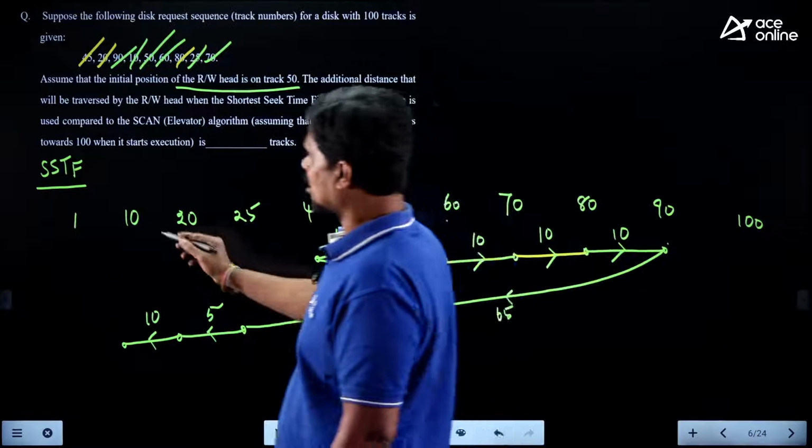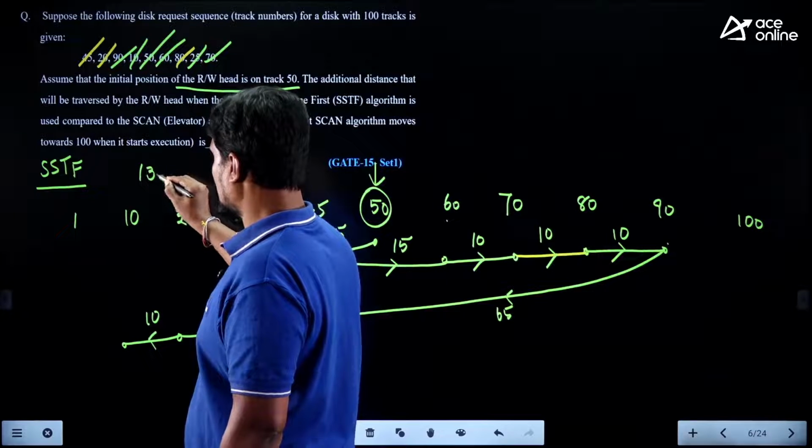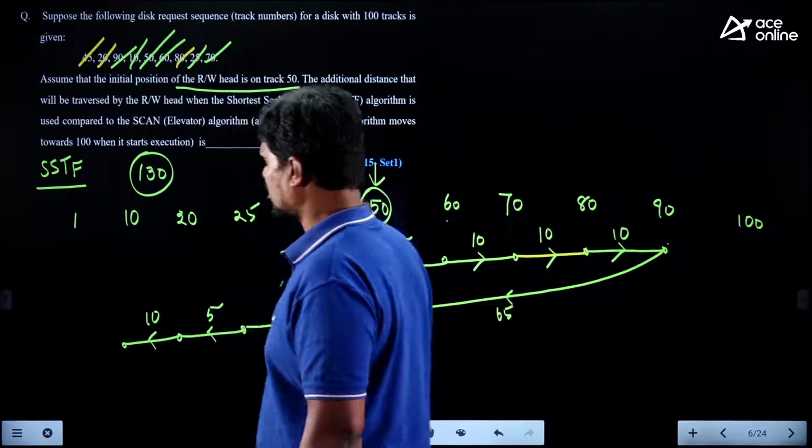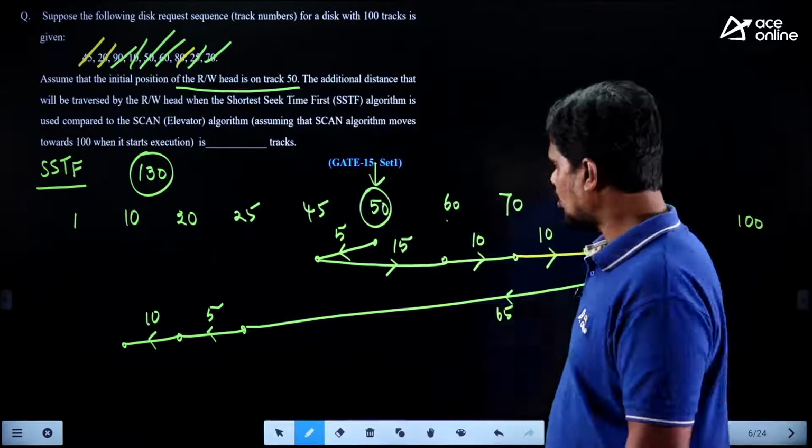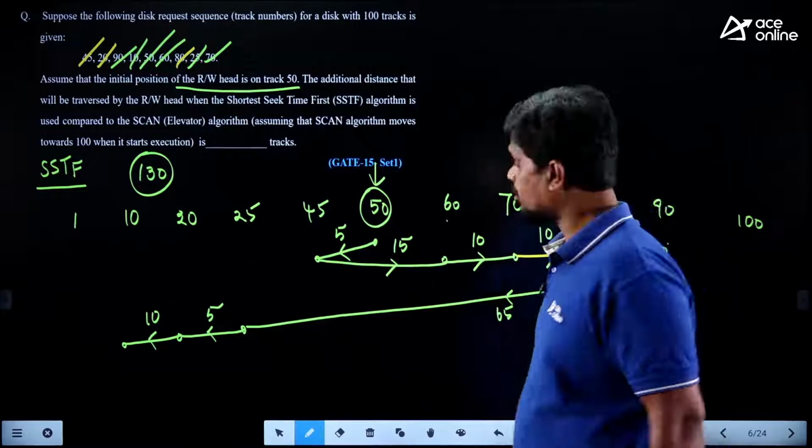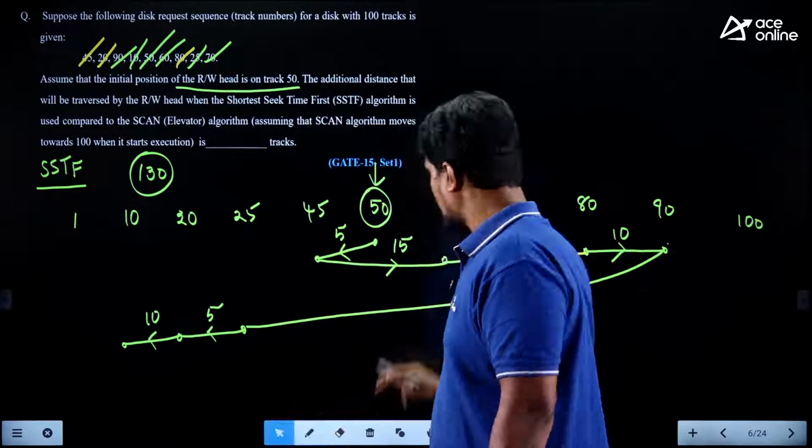So with SSTF, the travel distance we are having is 130. Then we are going to see the scan.